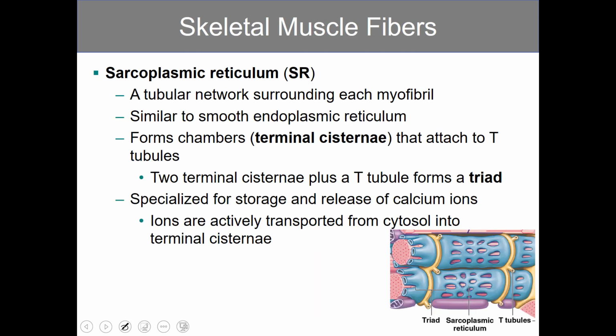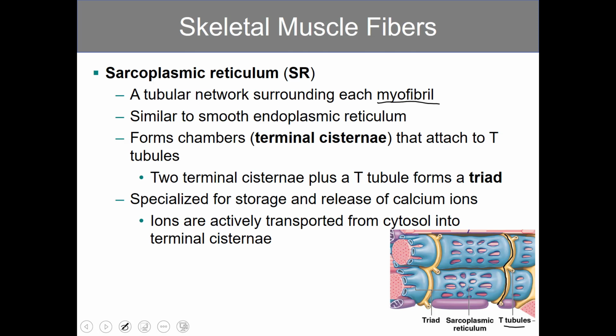Here in yellow we see the transverse tubules that are running deep within the sarcoplasm. As the transverse tubules traverse deeply into the sarcoplasm, you're going to find another organelle called the sarcoplasmic reticulum, or the SR. This is a network of tubes that surround a structure we're going to see in a minute called the myofibril.